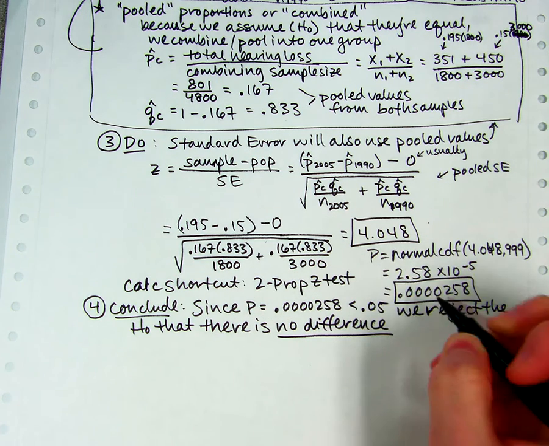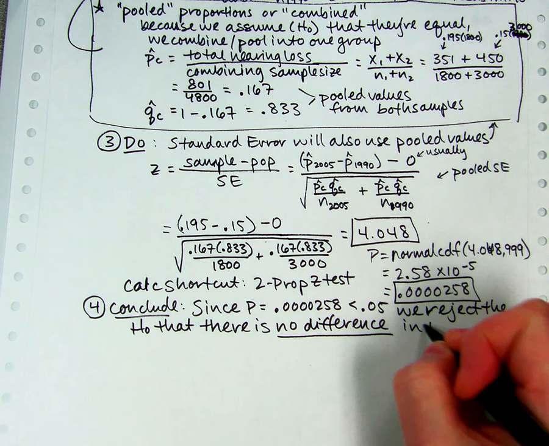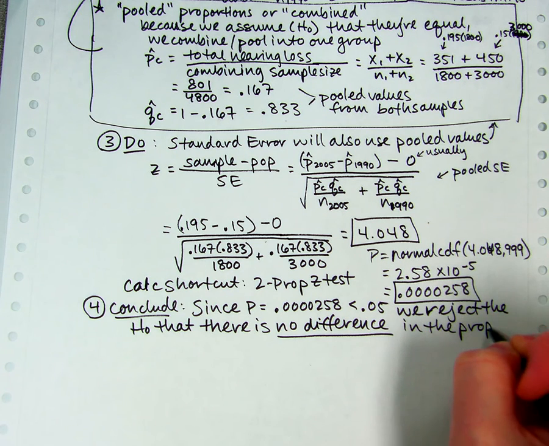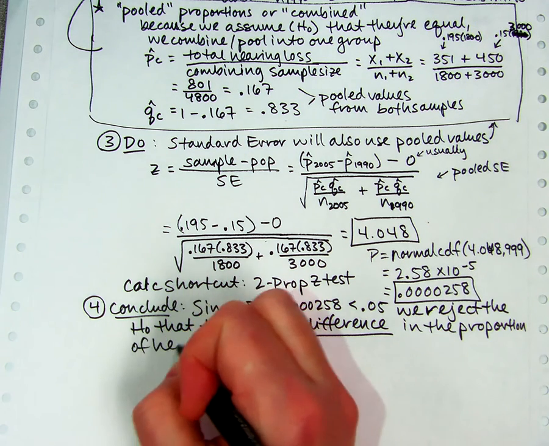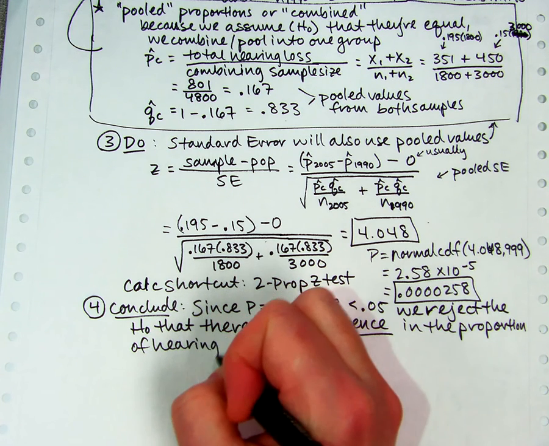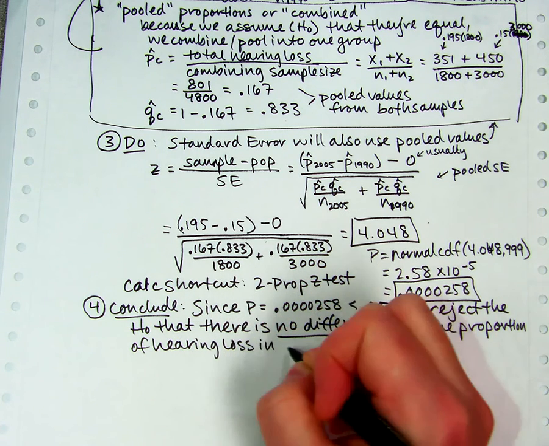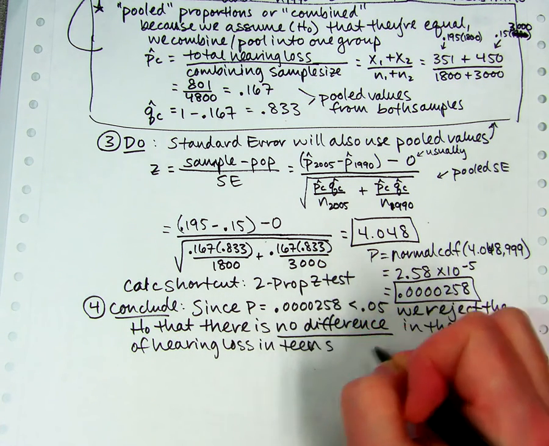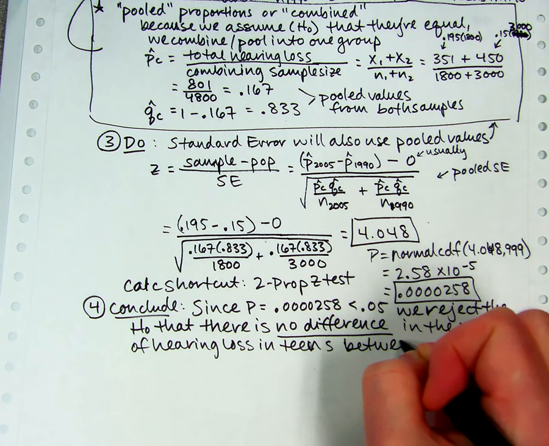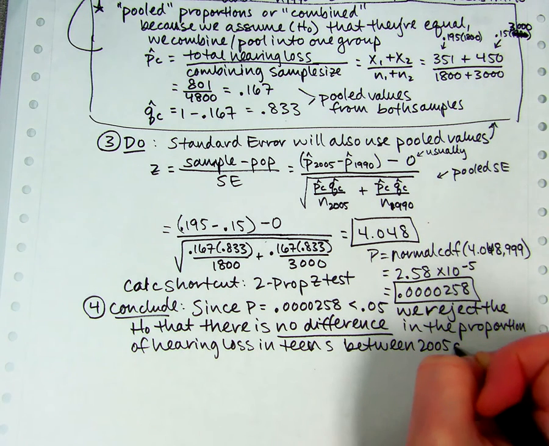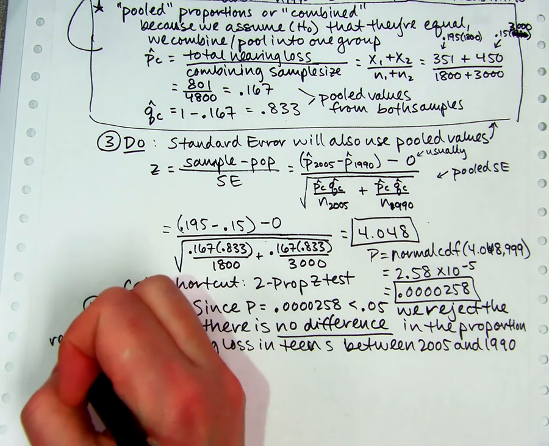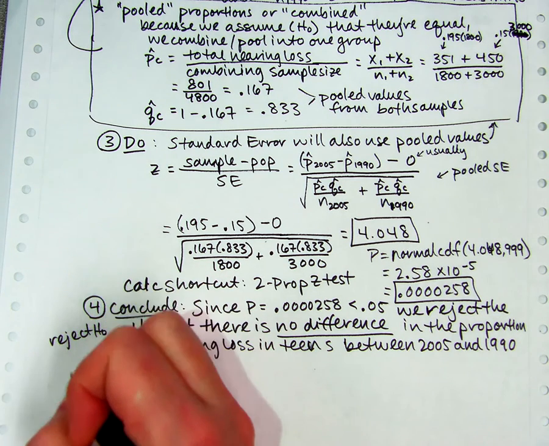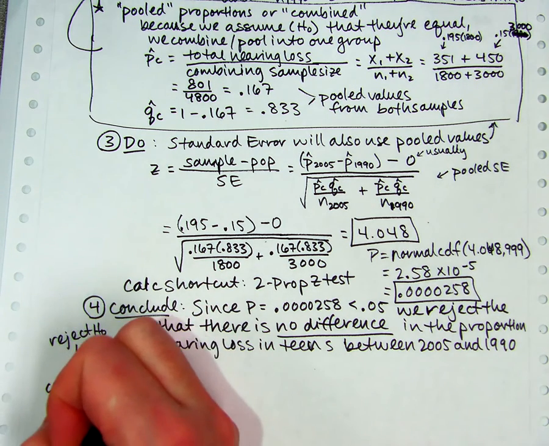No difference, nothing interesting happening here in the proportion of hearing loss in teens, between 2005 and 1990. So just a reminder, we have just rejected the null, which means we can conclude the alternate is true.